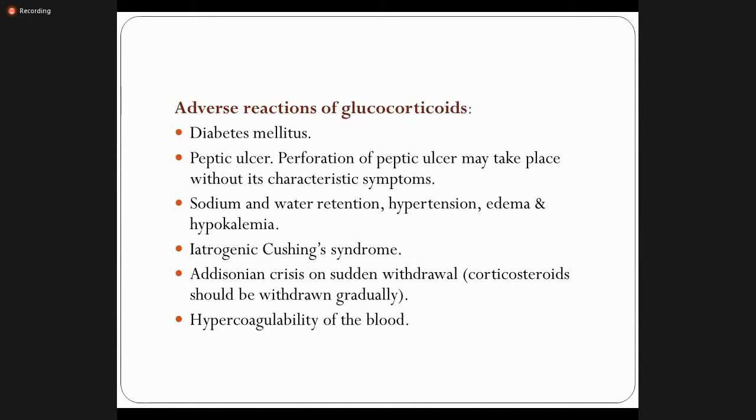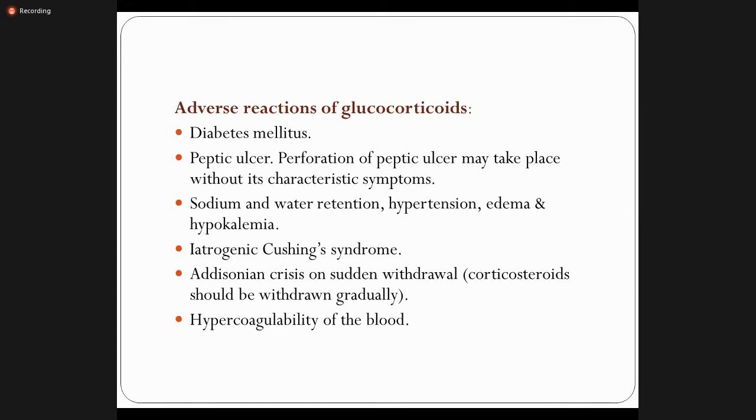Okay, adverse reactions of glucocorticoids. In the beginning, I told you, if we have a clear concept regarding the pharmacological actions of glucocorticoids, it will be easier for us to differentiate between therapeutic activity and adverse reactions, right? So diabetes mellitus is one of the adverse reactions of glucocorticoids, and we have already discussed it in the pharmacological actions, right?